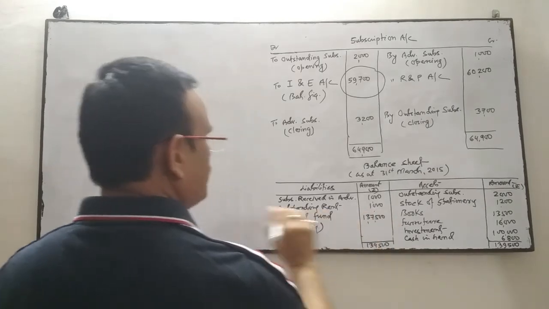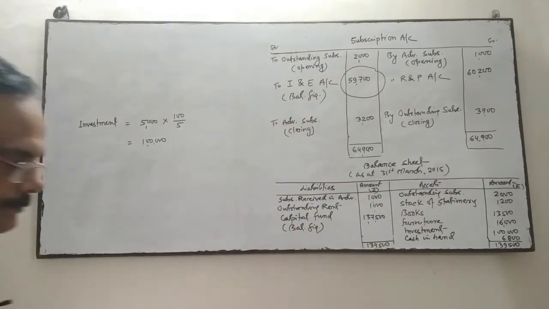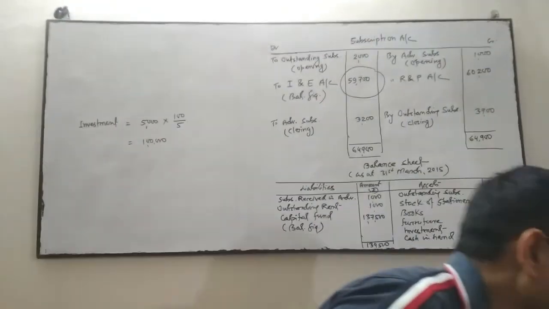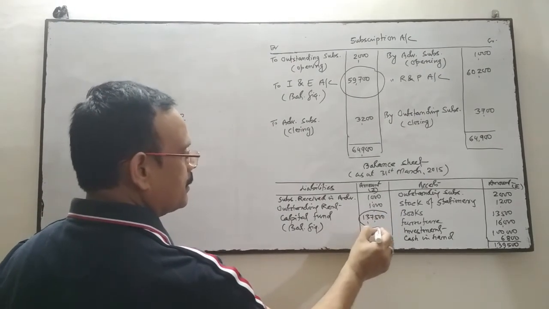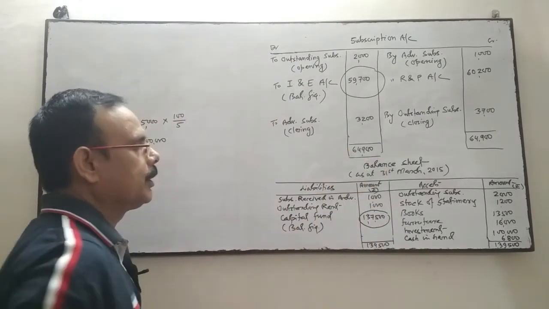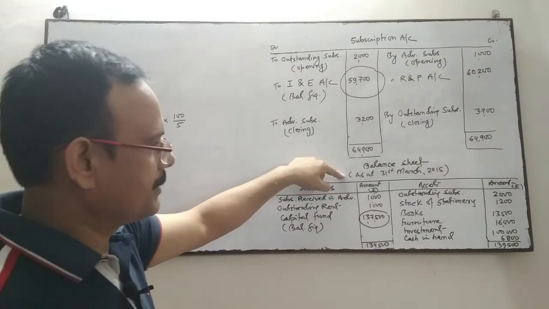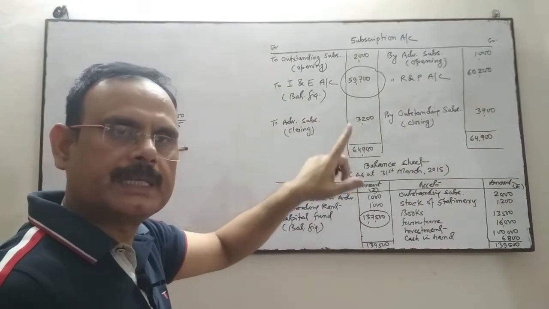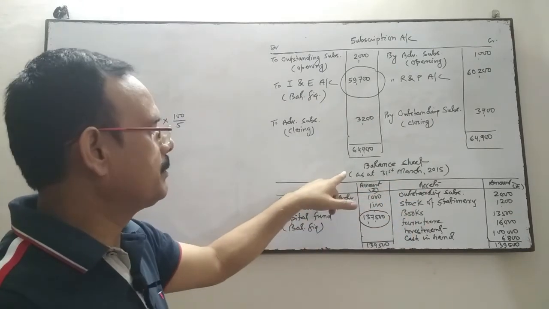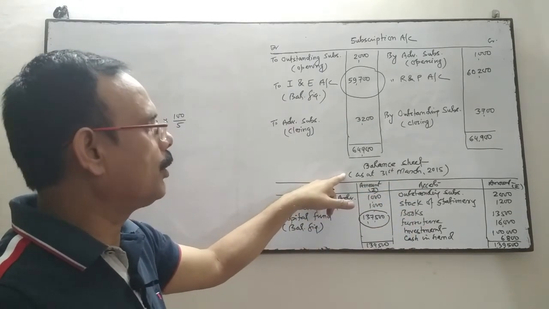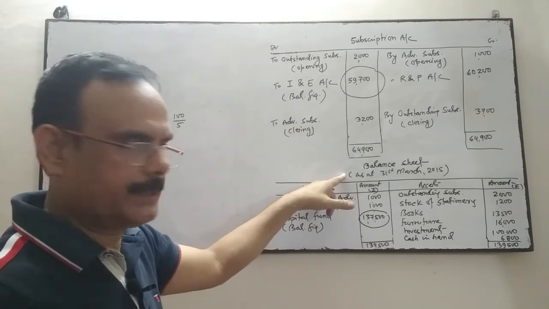This is your capital fund. So we have to find out the capital fund first by preparing the last year balance sheet, meaning the opening balance sheet of this year, or you can say the closing balance sheet of the last year, or opening balance sheet of the current year.